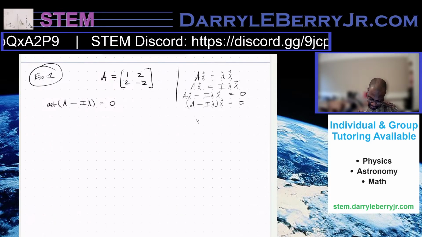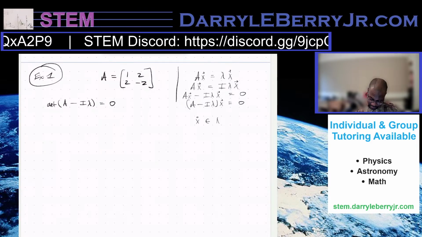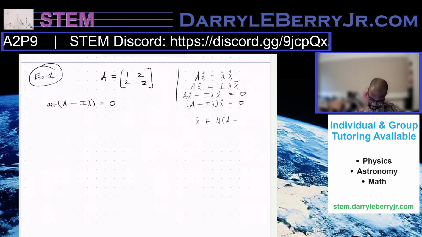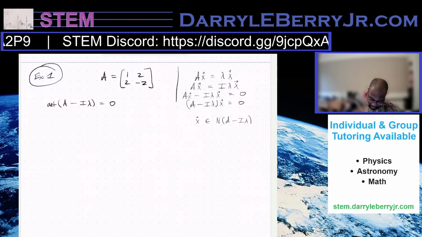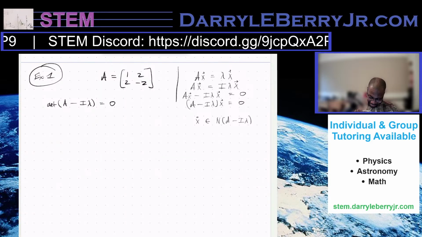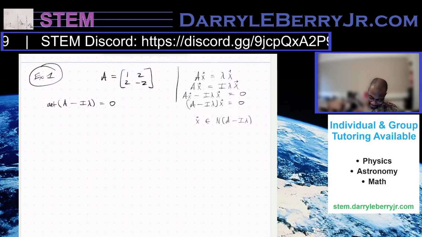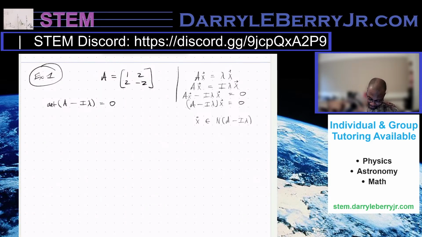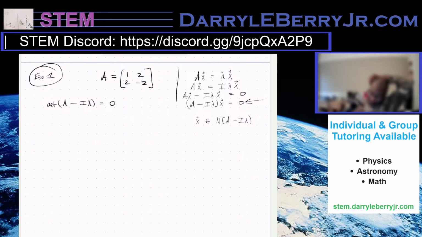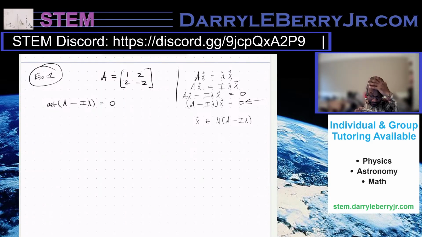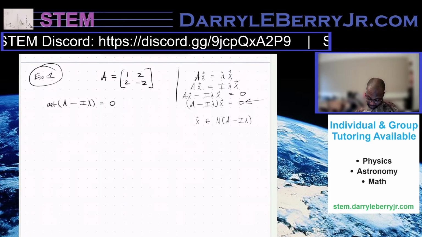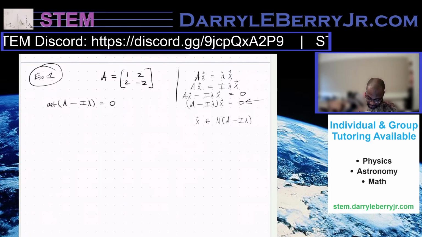So this means that x is in the null space of A minus lambda I. And the property of matrices is that the only way that this equation could equal 0 in this way is if the determinant of A minus lambda I equals 0, which means it's singular.